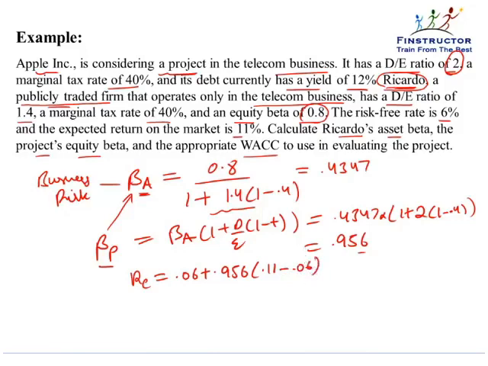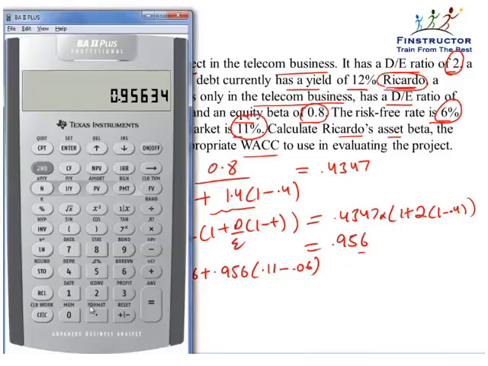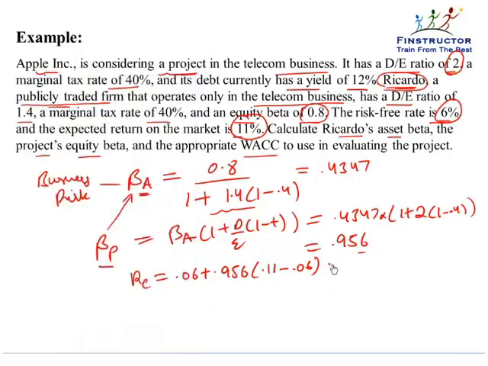Please note both the risk-free rate as well as the expected return are given in the question. So 0.956 into 0.05 plus 0.06 is approximately equal to 10.78%.